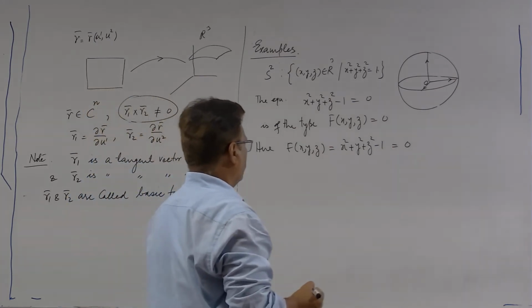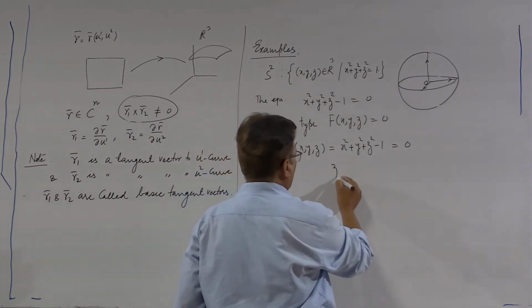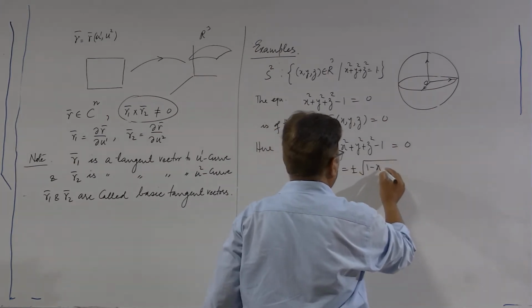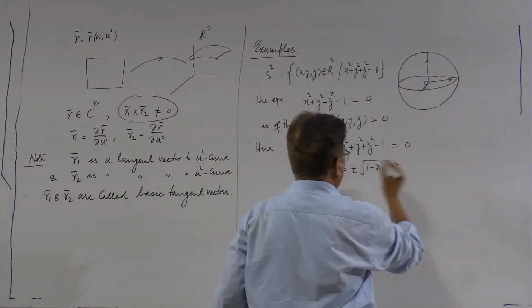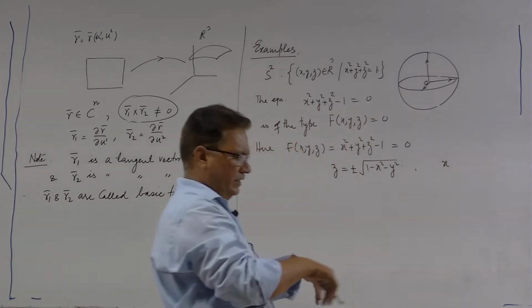You can convert it into explicit form by writing z equal to plus minus under root 1 minus x square minus y square, where (x, y) lies in a disk.